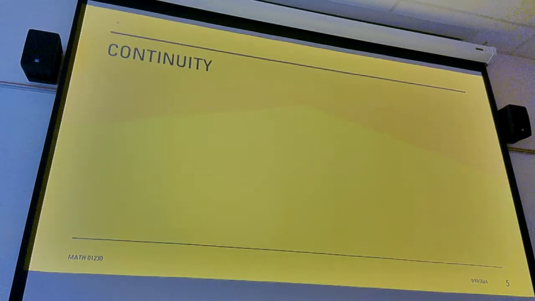I'll give you a hint, there's two others. So that's the first condition. The function does have to exist at that point. f of a is defined.